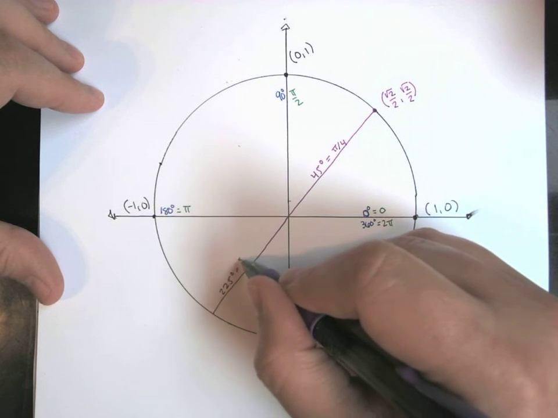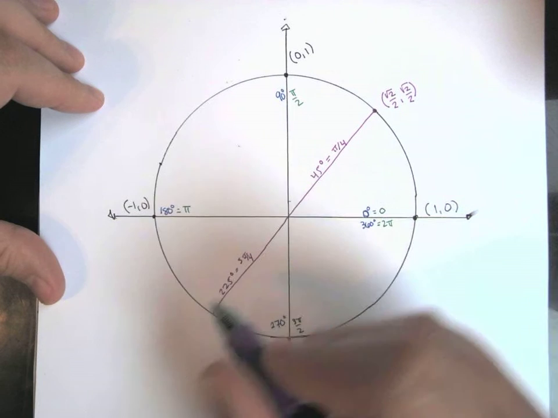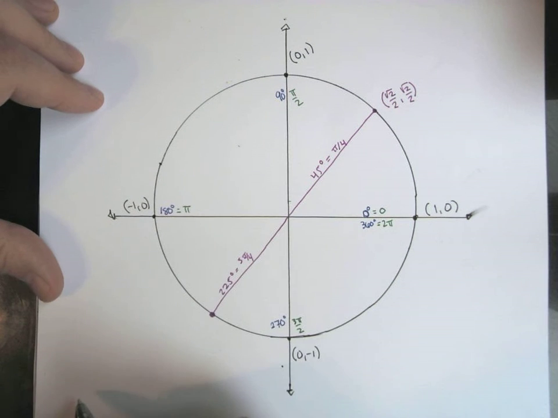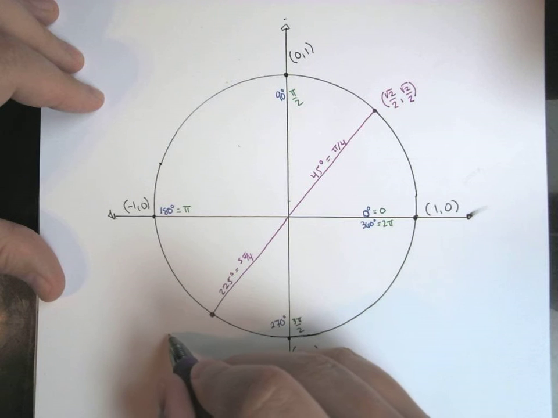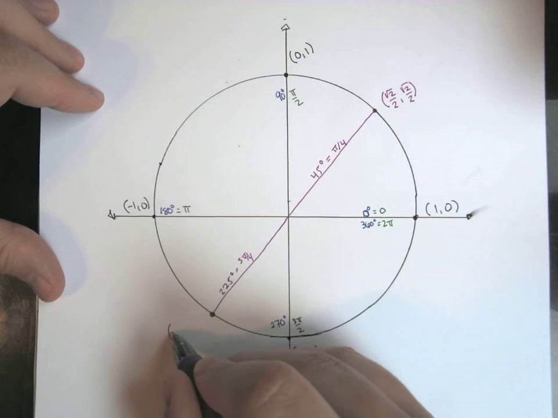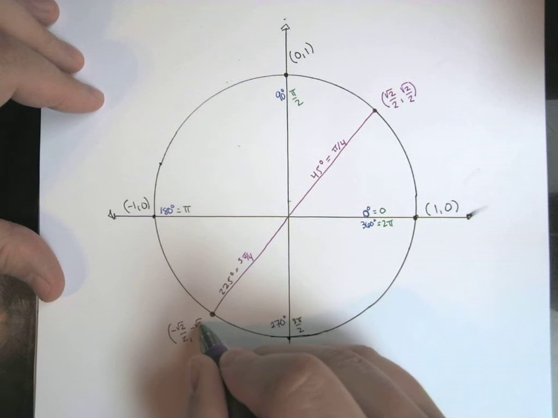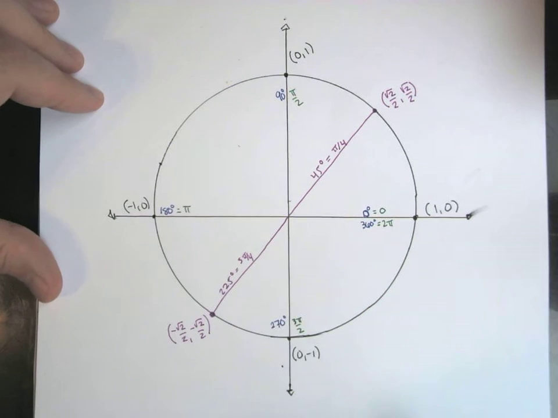This would also be 5 pi over 4. And the coordinate that we get, this is my third quadrant, quadrant 3. As far as my x and y values go, I'm going to get the same digits, root 2 over 2, but now in the third quadrant both the x and the y values are negative. So you get negative root 2 over 2 and negative root 2 over 2.